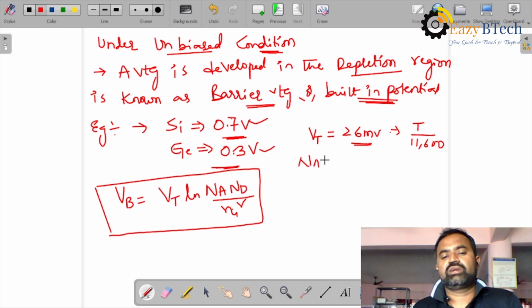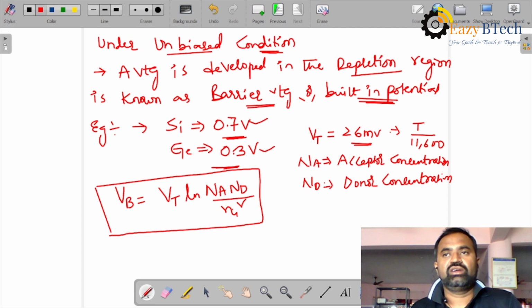Na is the acceptor concentration. Nd is the donor concentration. On either side of the junction, the ions are due to acceptor and donor concentration only.